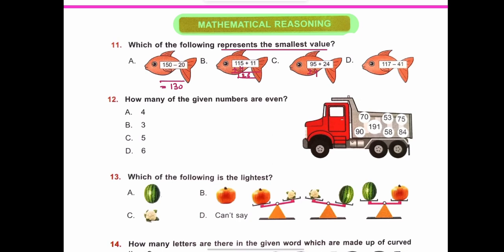And this value will be 9 and 11, 119, and it will be 41. So it is 6 and 7. So the smallest one is option D, right?